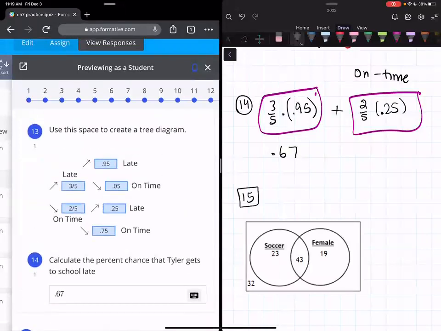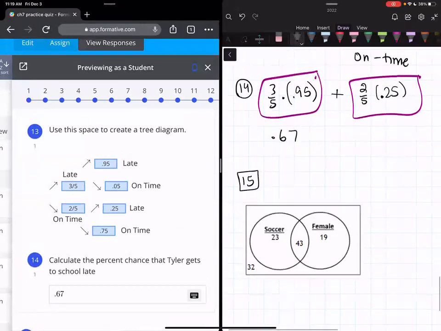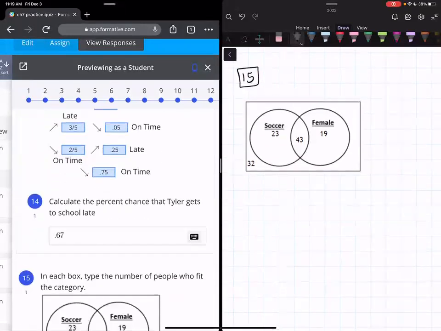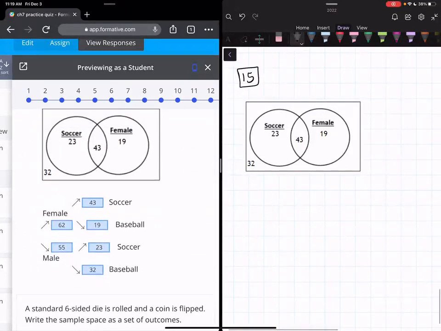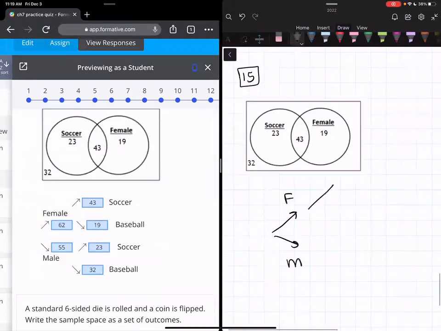So, a tree. All right, so 15 has multiple parts. We're making a tree out of it. So we have female, male, and then we're just assuming that they don't play soccer, they play basketball.